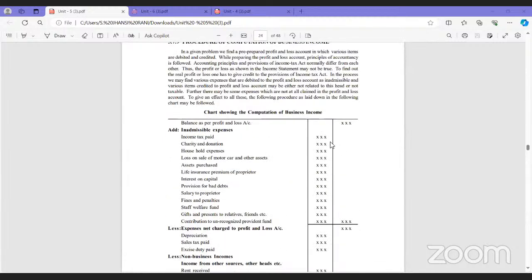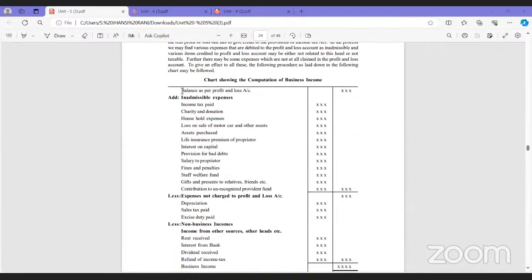So this is the format for how we calculate the income from business. Here, balance as per profit and loss account means the business owner will share with us his profit and loss account. Whatever final accounts or statements he shared with us, we will cross-verify.